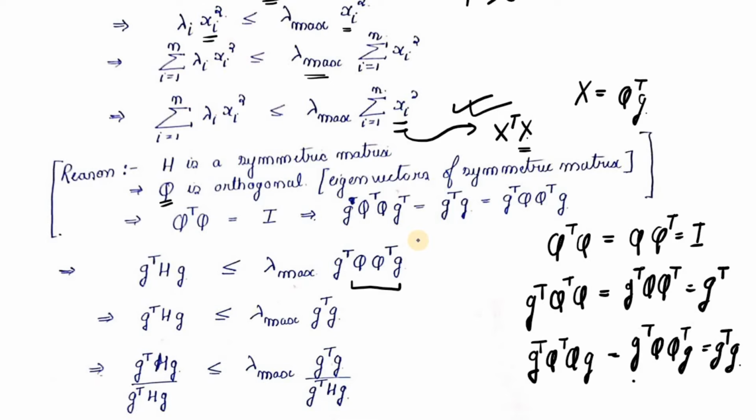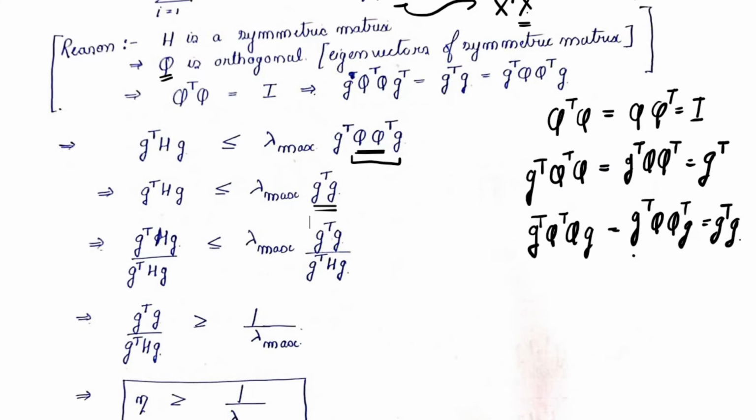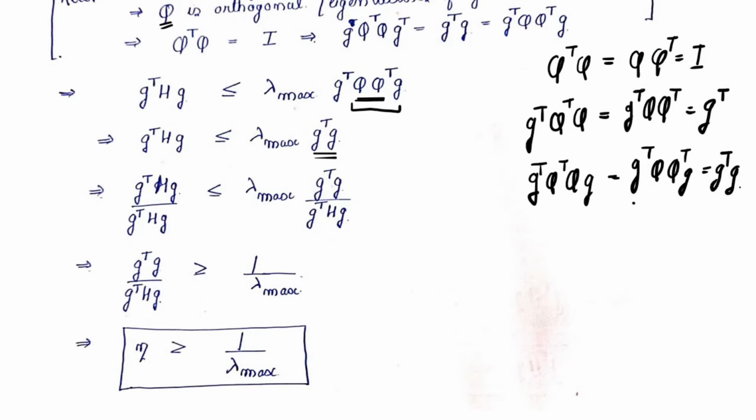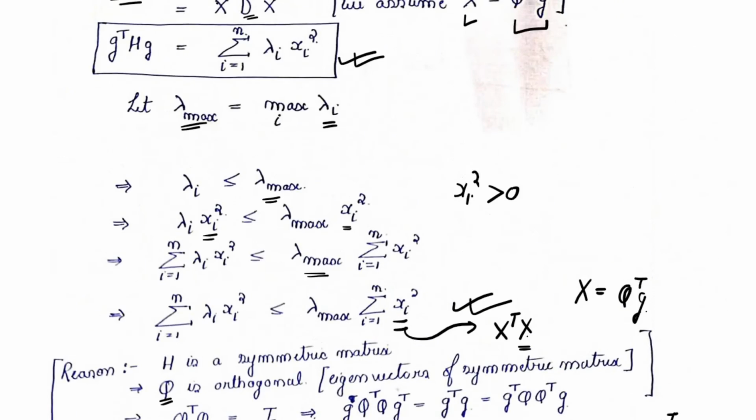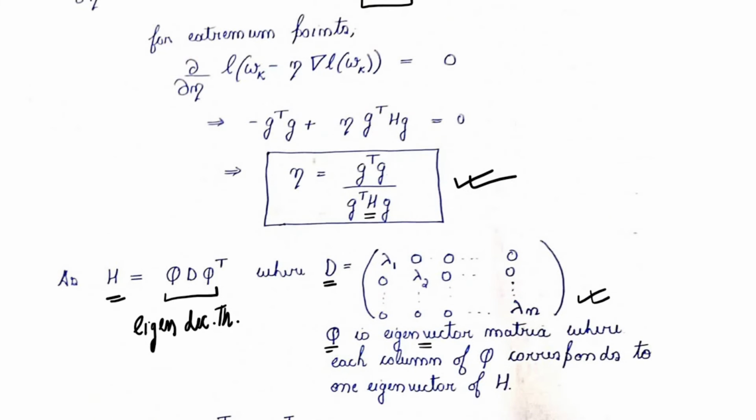That's it. Now, since Q is orthogonal, QQ transpose will be I. We end up with G transpose G. We divide both the sides with G transpose HG, and eventually we get a relationship which looks like this. Now if we scroll up a bit, this was actually the value of eta which we were able to find out on equating the derivative to 0.